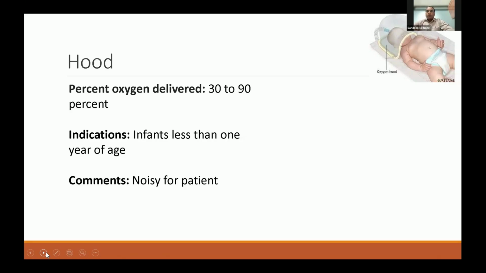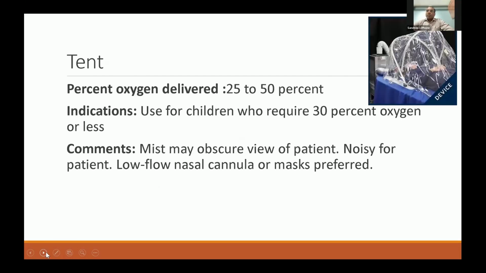Next. Next, please. Similarly, there are tents. Okay. So tents are slightly bigger things. The principle is same. Whole of the patient's environment is filled up with oxygen so that a higher amount of FiO2 can be delivered to the patient.